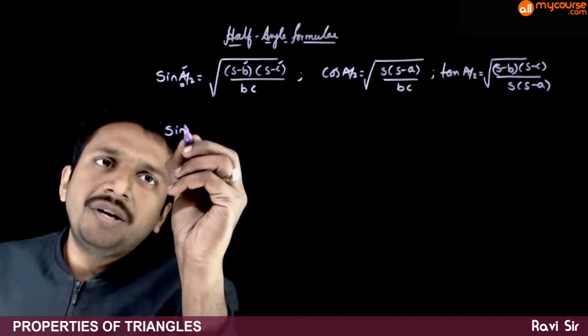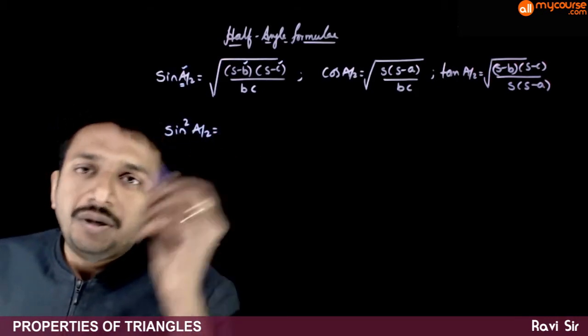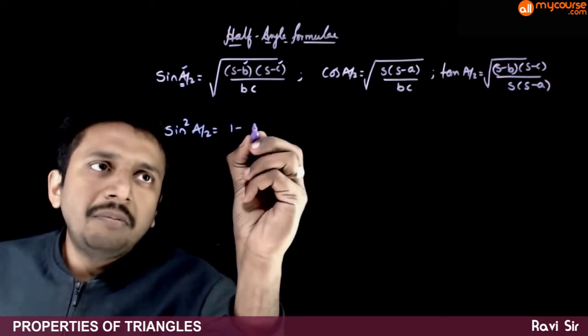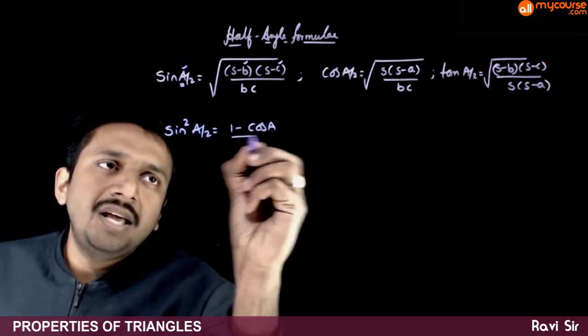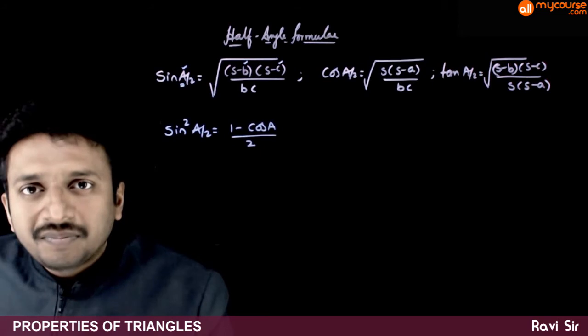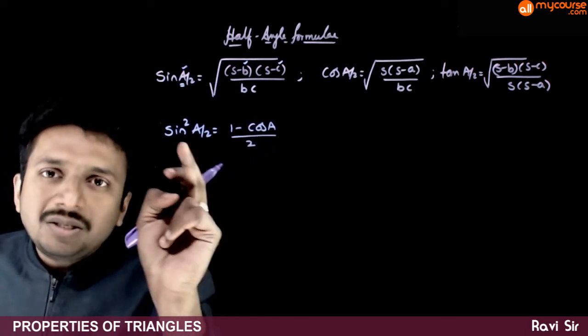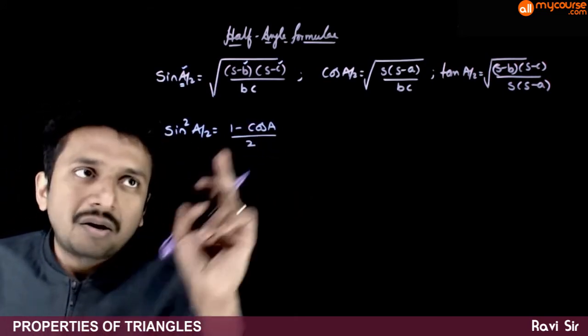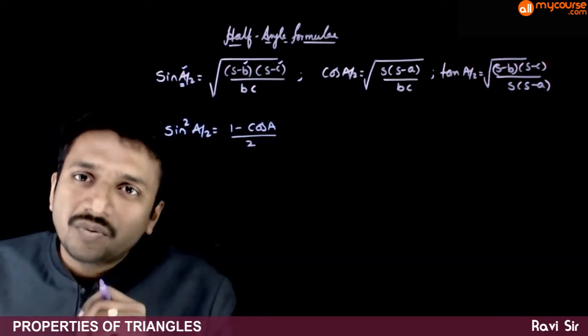So from trigonometry we know that sine square of A by 2 is nothing but 1 minus cos A by 2. 1 minus cos A is 2 sine square A by 2, or cos A is 1 minus 2 sine square A by 2.